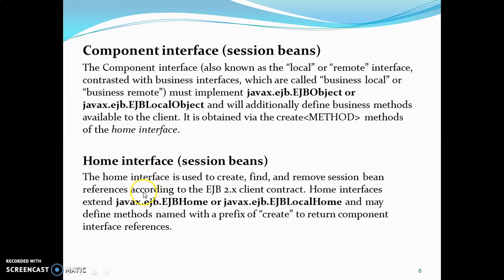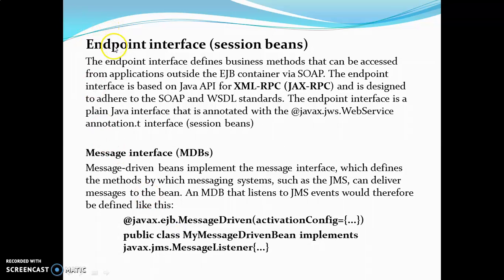So next is the home interface. The home interface, as I have said earlier, is used by extending the EJB home or EJB local home, and may define methods with the prefix of create to return component interface references. The home interface is used to create, find, and remove session bean references according to the EJB 2.x client contract. The last one is the endpoint interface, which comes in the session beans. The endpoint interface defines business methods that can be accessed from the application outside the EJB container by making use of some extra protocols.